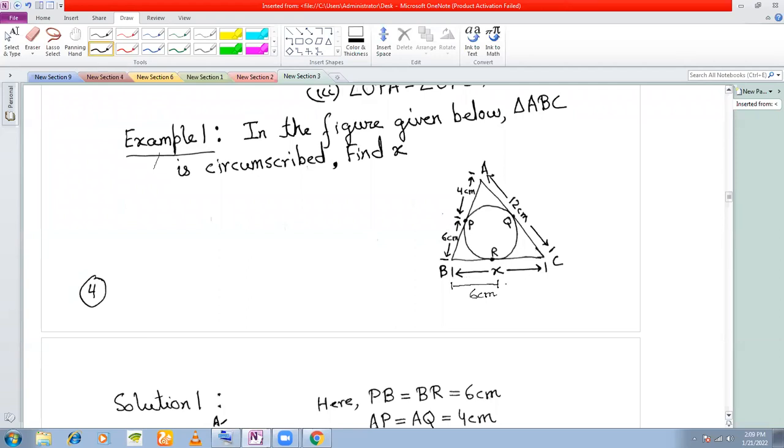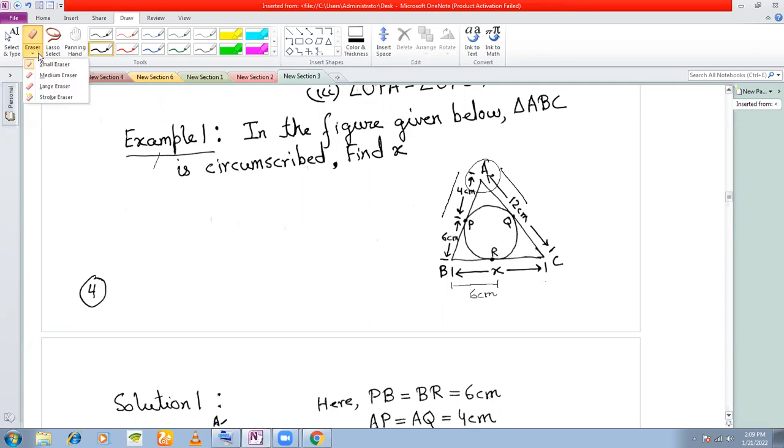The only thing remaining is to find out this length. Once we are able to find this length, we just add them and we'll get the value of X. So let's see how to find it. This much we have got as 6 centimeter. Next, what you see is that AP and AQ are tangents drawn from the point A to the circle.